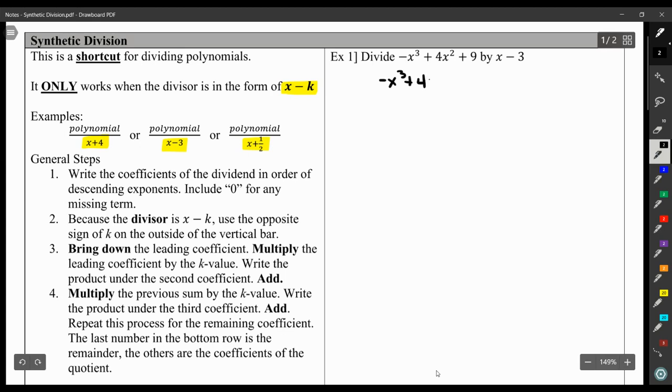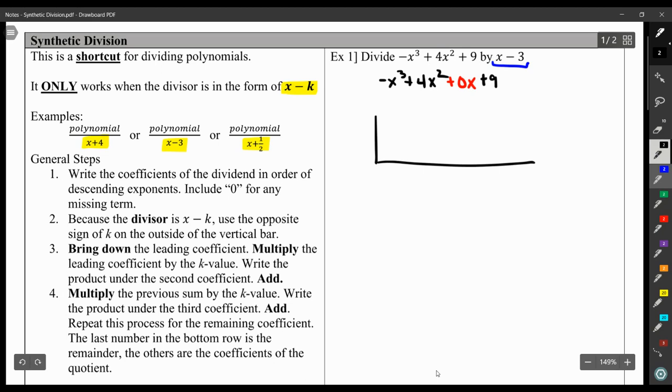We have negative x to the third plus 4x squared plus 0x plus 9, all divided by x minus 3. Since the divisor is in the correct format, we can use synthetic division instead of long division. With synthetic division, we basically turn our division sign upside down.